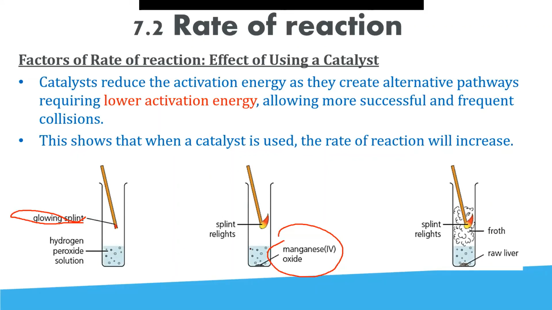So oxygen gas is released in this case, and the glowing splint will relight. You can also use raw liver as a catalyst for this reaction instead of manganese(IV) oxide.